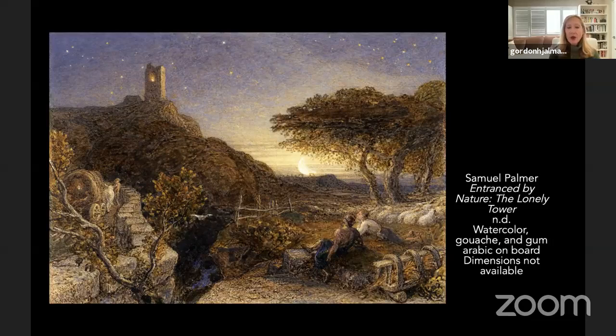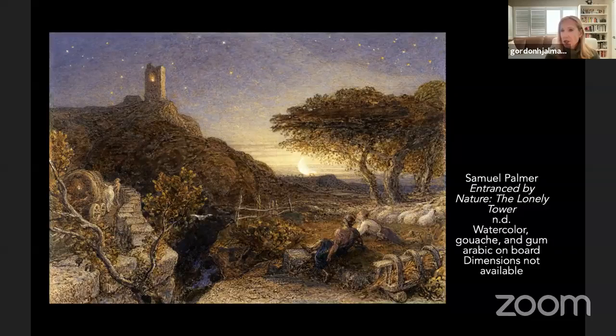And here we have a very interesting tower, and in this tower, we see that it's very lonely, and it was inspired by a poem by John Milton from the 1600s. I think it's called Il Penseroso. And if I'm not mistaken, it is thinking, to be pensive, to be thinking. So these figures on the right-hand side are contemplating their place in the cosmos, and they're also contemplating divine intervention.